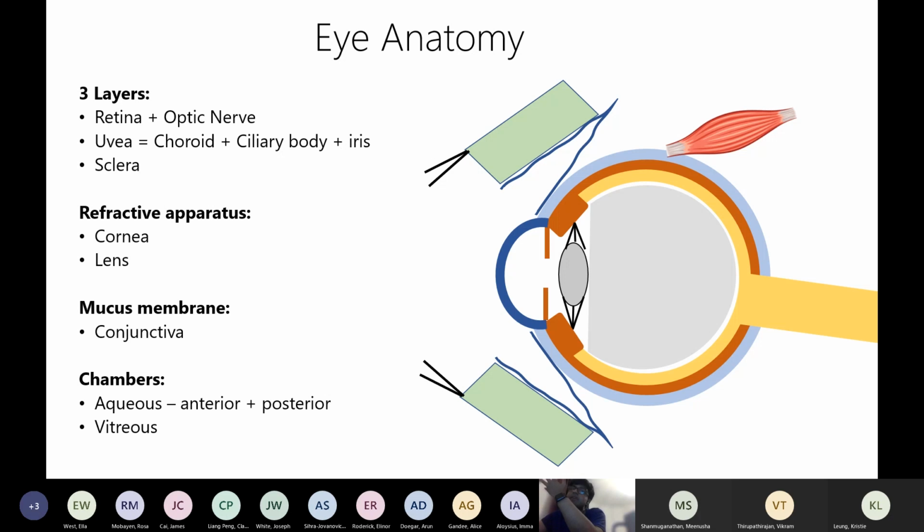The refractive apparatus is very important. So what bits allow us to refract light appropriately? There's 2 bits to this. Lens and cornea, absolutely. And which one is responsible for more of the refraction? The cornea is, yeah, absolutely. And the lens is more like an adjustment tool.